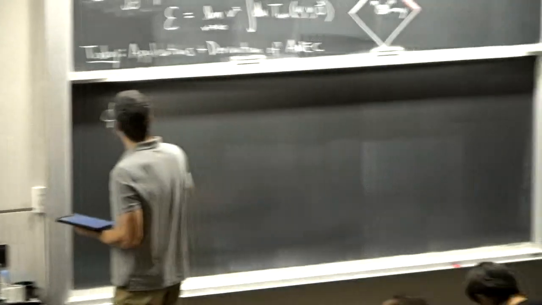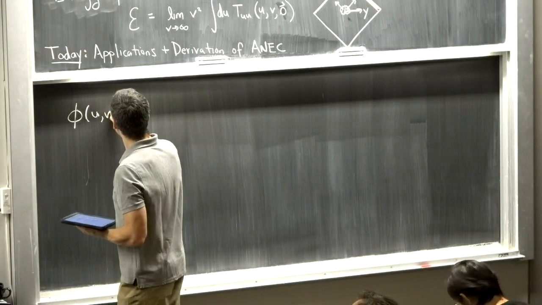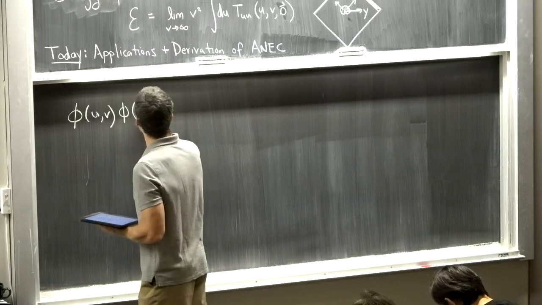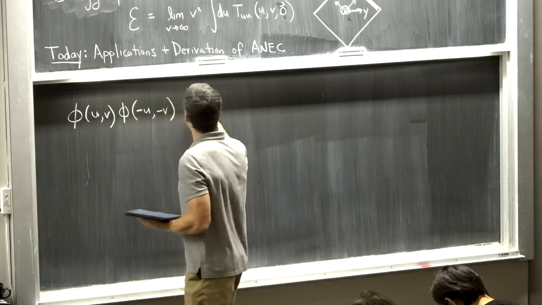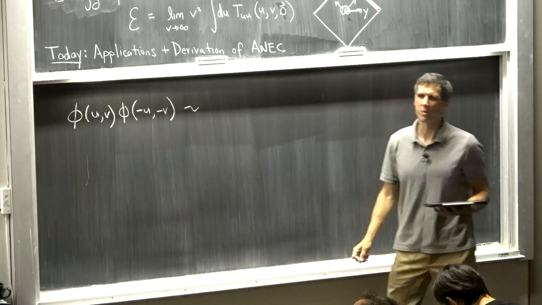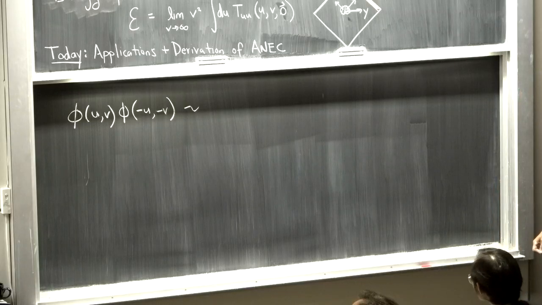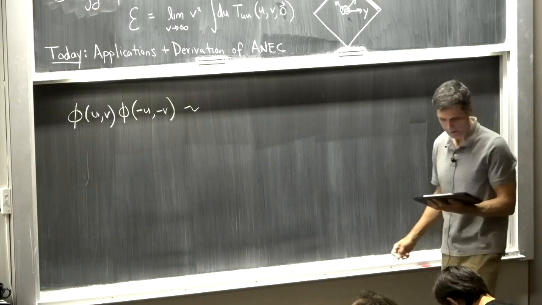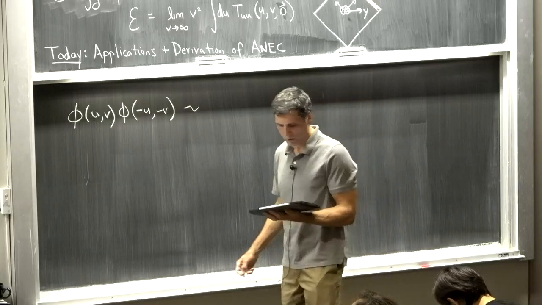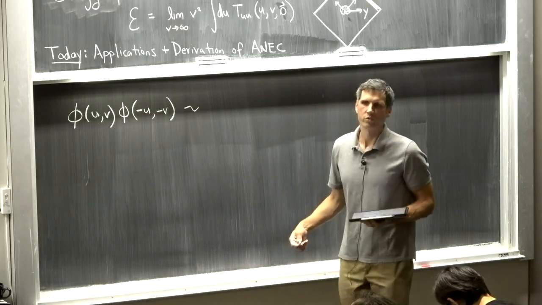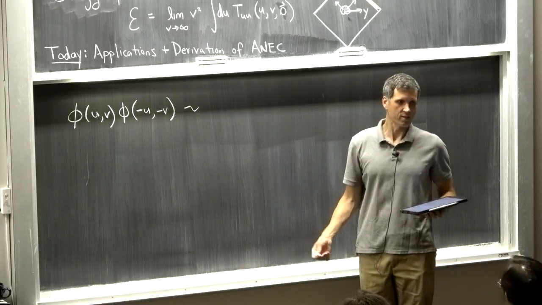So let's ask, in this limit, what operators we expect to be important or to show up in the operator product expansion of these two phi operators. So when we do OPEs, we're really just doing dimensional analysis.